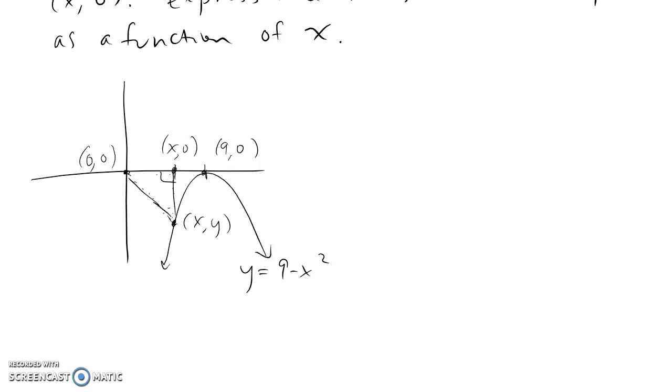We're interested in finding a formula for the area as a function of x, so in terms of x. Now, the formula for the area of any triangle is 1/2 base times height. Since this triangle is a right triangle, we can use its two legs as b and h.